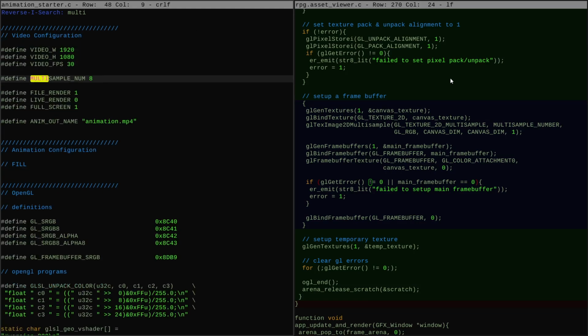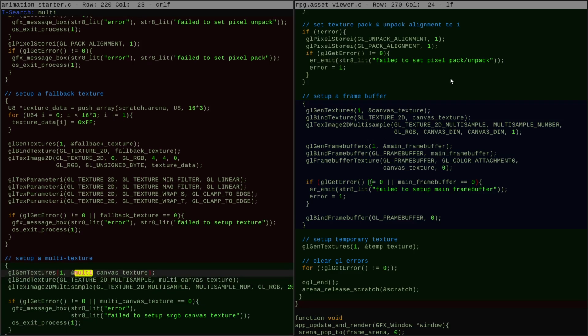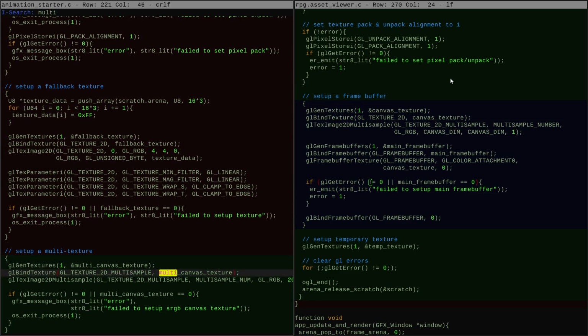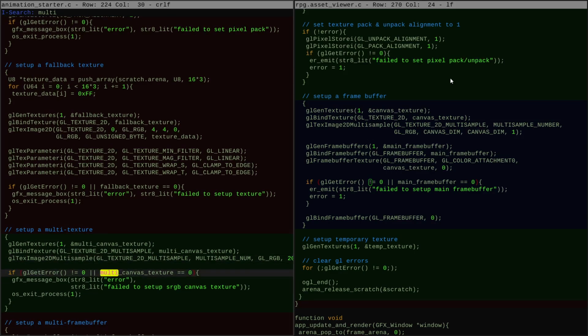Multi-sample canvas. Multi-sample canvas. Okay.